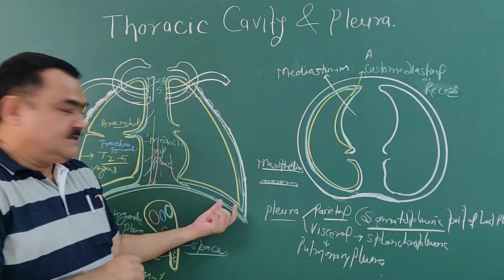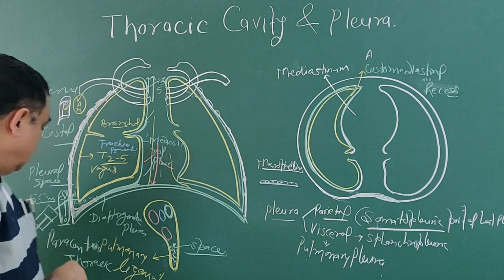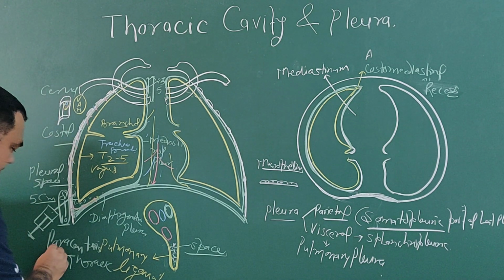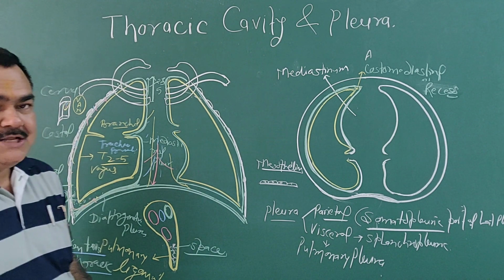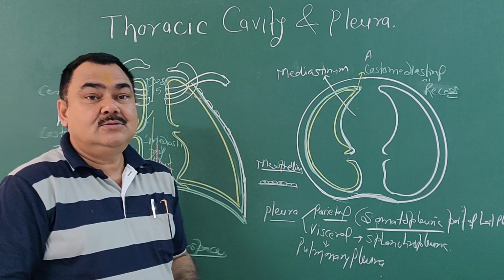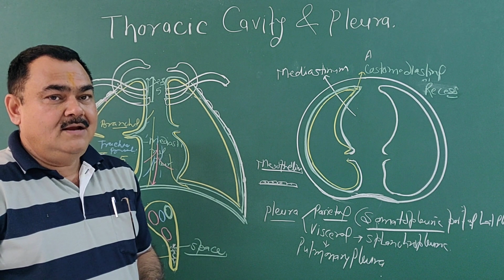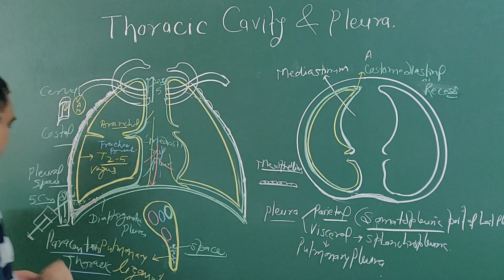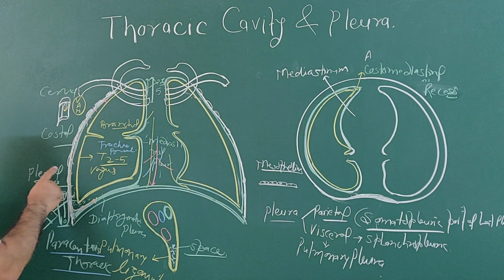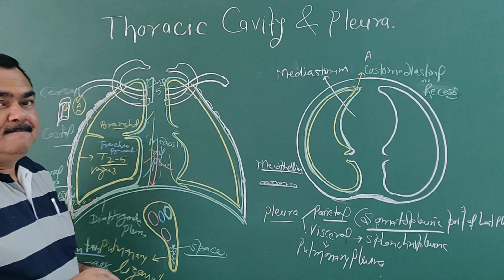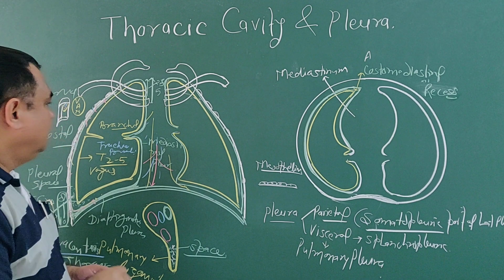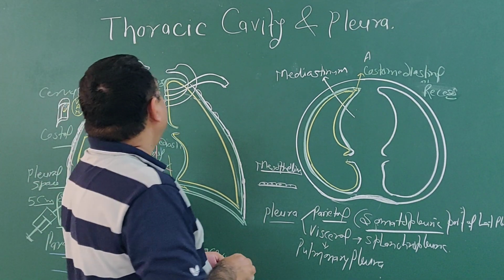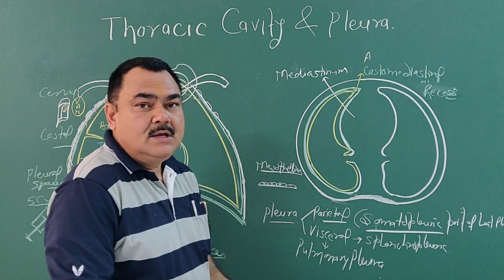Hydrothorax, water is collected, and this is the process by which fluid can be removed, that is paracentesis thoracis. It is usually done in the 6th intercostal space in mid-axillary line. So this is all about the thoracic cavity and pleura.